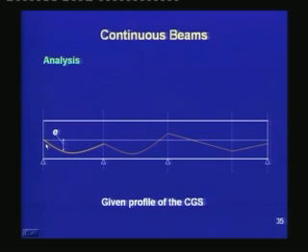The CGS has 0 eccentricity at the end, then it goes down at the end span, it comes up near the first intermediate support, and again it goes down, and then for the second intermediate support it goes above the CGC, and then it comes down linearly below the CGC, and again it goes up and it has a certain eccentricity at the end.